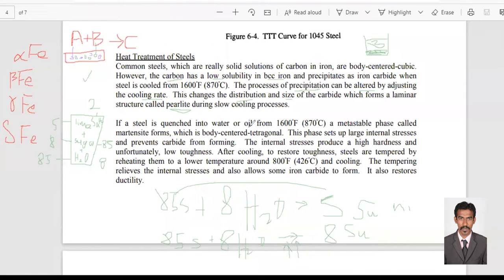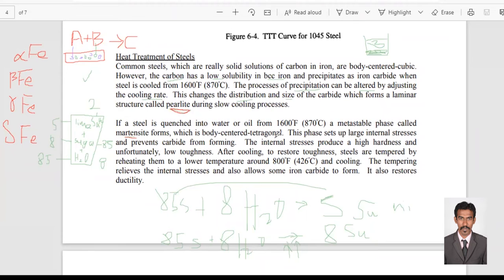If a steel is quenched into water or oil from this many degrees Celsius, a metastable state called martensite forms. Again, do not worry about the words martensite, pearlite. These are all different phases of iron that I will explain when you go down these slides, right?